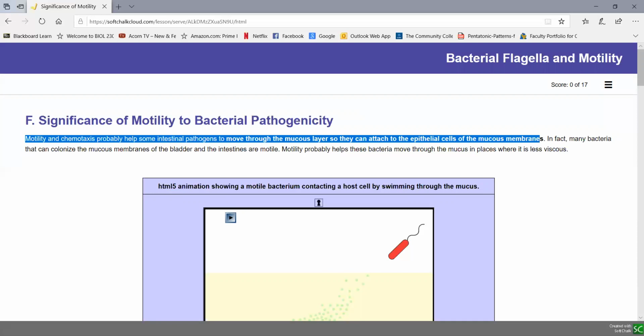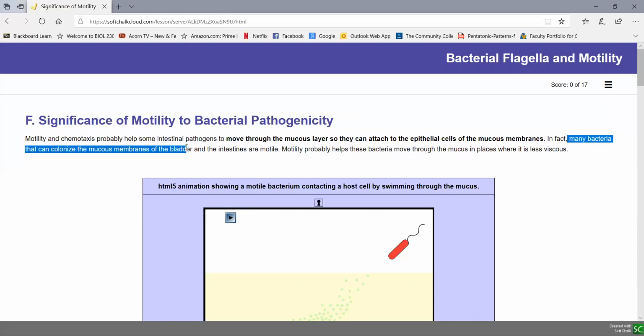So many bacteria that are able to colonize the mucous membranes of the bladder and the intestines are motile. And again, they probably help the organism to get through that protective mucus layer that's trying to flush them away and eventually adhere to epithelial cells where they can colonize and resist flushing.